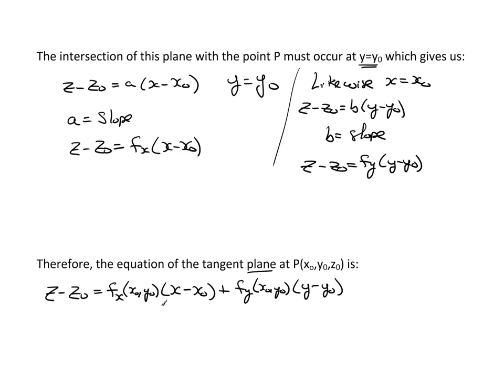All these x's and x naughts can get a little confusing, so it's easier to write it the way I did up here: the partial with respect to x times x minus x naught plus the partial with respect to y times y minus y naught.